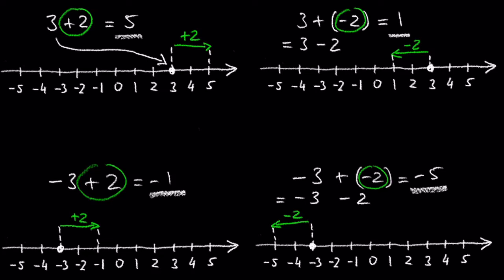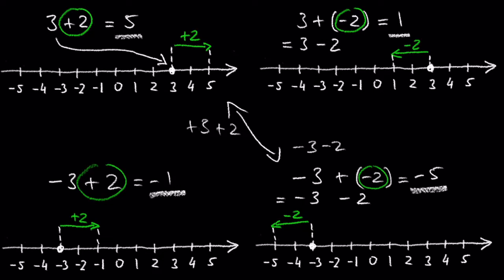Let's summarize the following rules from the pattern for addition shown in our examples. In these two examples, we have two numbers with the same sign. For the first example, positive 3 plus 2, we don't need a rule, because adding two positive integers is something we intuitively do correctly.